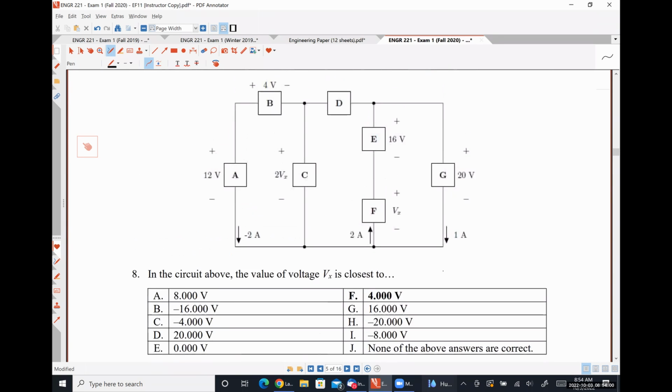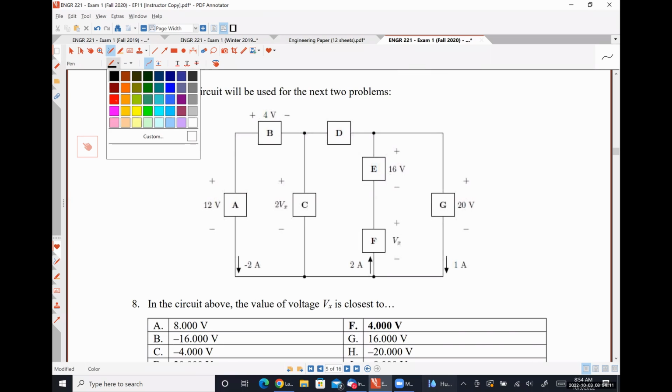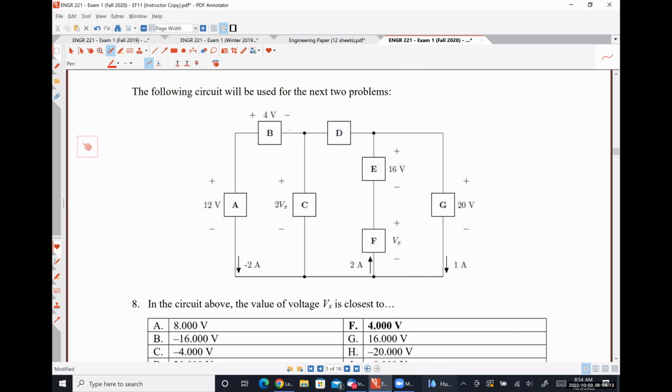Power absorbed by element C. All right. So let's see what we have here. So I can say that there's 2 amps flowing in here because of the negative 2 amps flowing in the opposite direction. If I have 2 flowing up, so let's see.